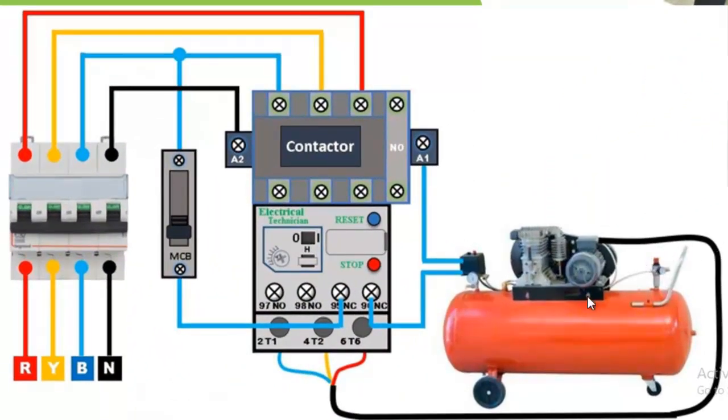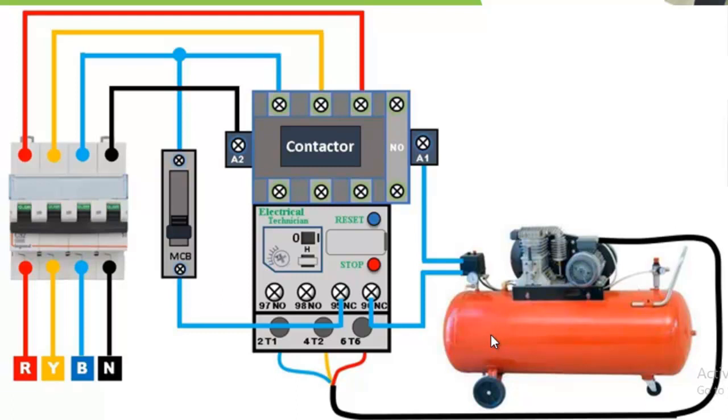So this is a small compressor with a small pressure vessel. As the compressor motor is energized, it will start working. It will run the compressor, compress the air, and send the air into the vessel.